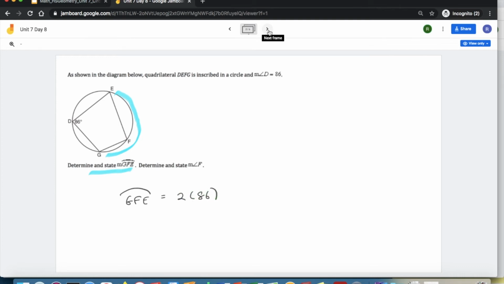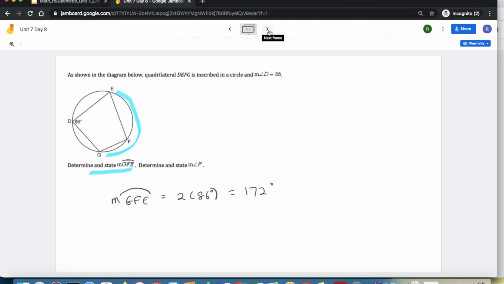If we calculate 86 times 2, we get 172 degrees. Make sure we have our 86 degrees here. And I can put the M here, that's the measure of arc GFE.